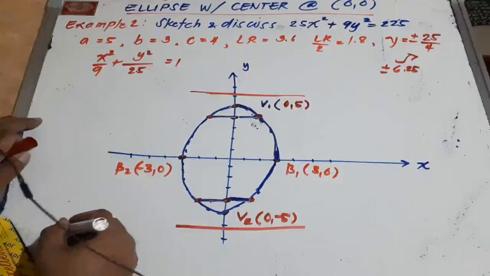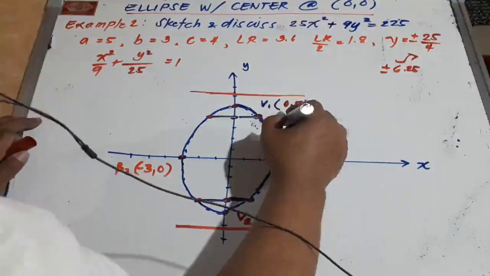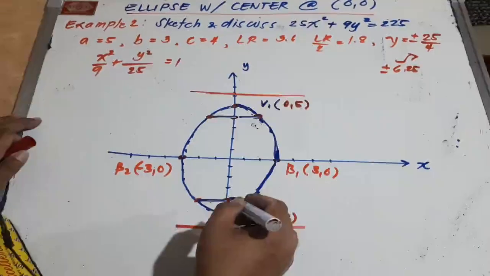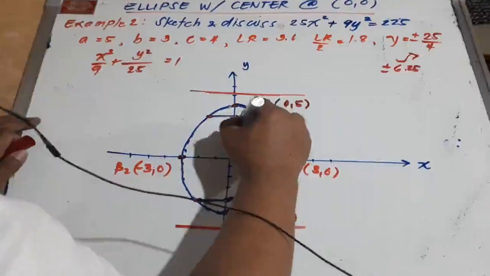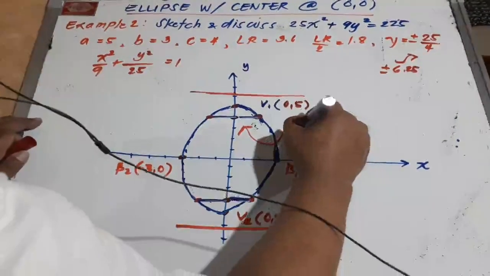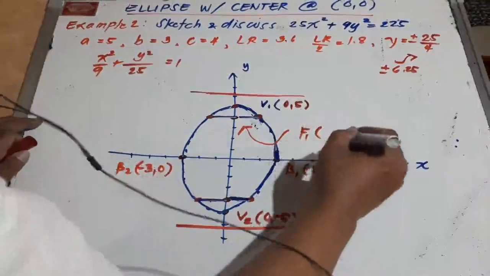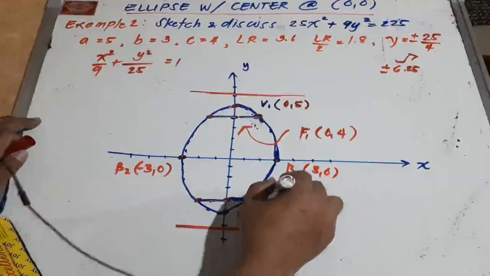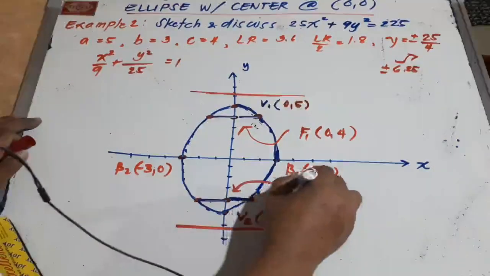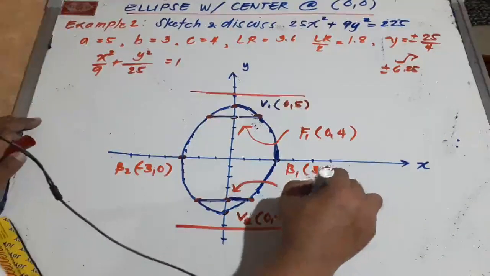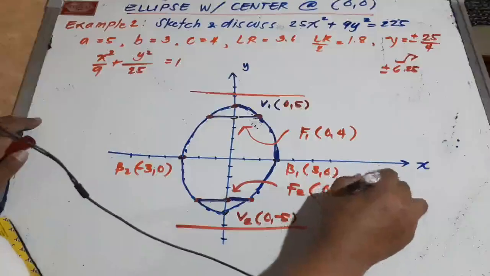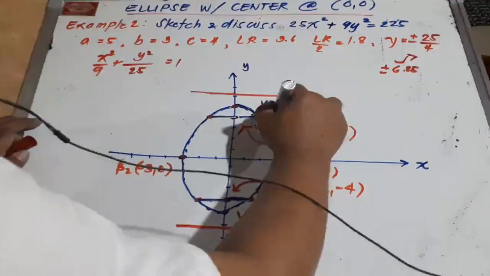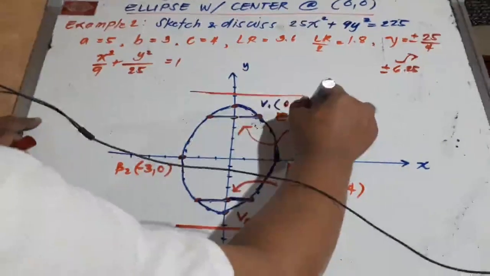Okay, then yung ating focus. Okay, hirap, di kasya. So ito yung focus natin. F sub 1, that is 0, 4. Ito yung ating focus 2, 0, negative 4.